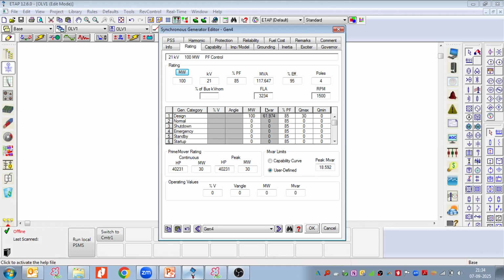In that case you can see how much my MVAR is coming. 61.974, automatically calculated by ETAP, isn't it? 61.974, which I consider here. That value I have to enter here.